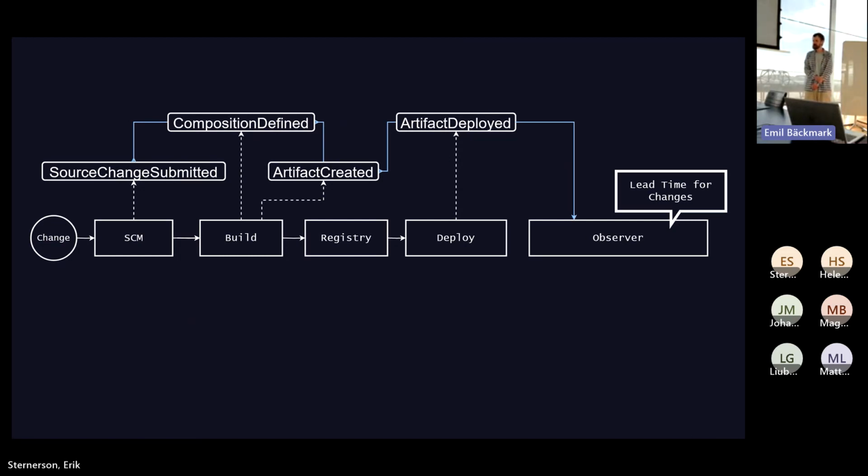Maybe that's your definition. But if we say that artifact deployed will be sent once the health check has passed for that service, then this should be good enough. We had a quite extensive discussion about that when we talked about artifact deployment, about when something is deployed.